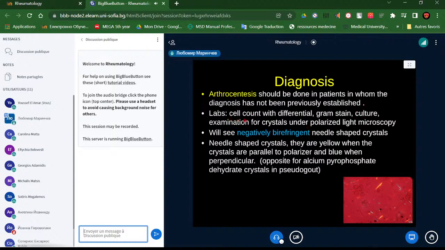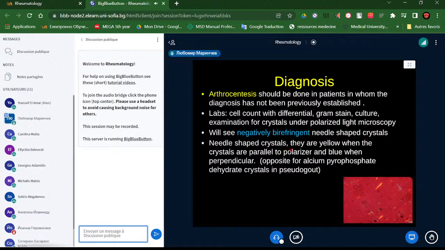Lab investigation shows cell count with differential. You have to make a cell count with differential, Gram stain, culture, and examination for crystals under a polarized light microscope. You see they are negatively birefringent. All monosodium urate crystals are negatively birefringent, and here in the picture they're shown in yellow.